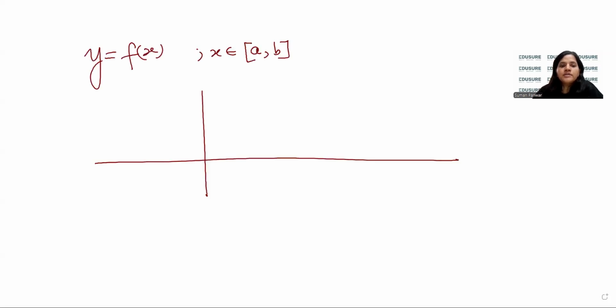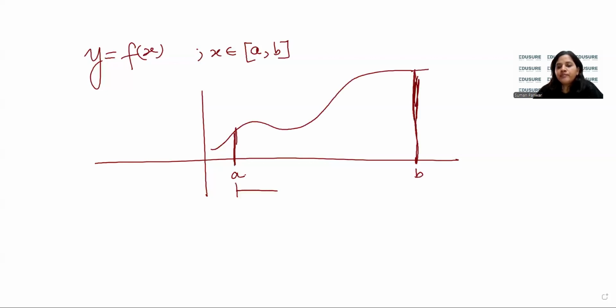Now suppose we have a function like this, and this is a and this is b. Suppose we want to find out this entire area which is between a and b.